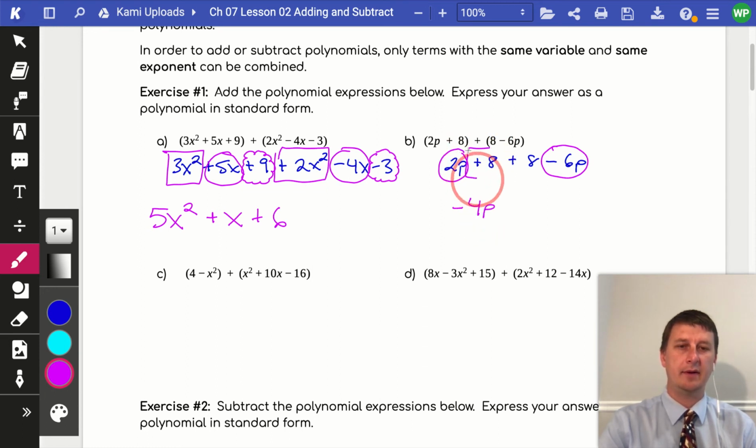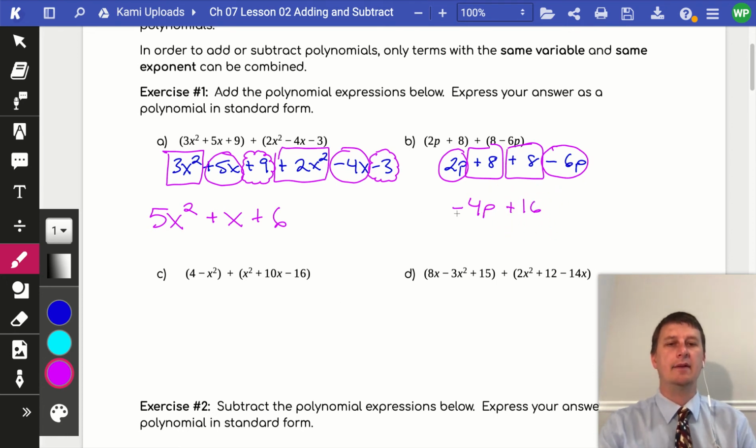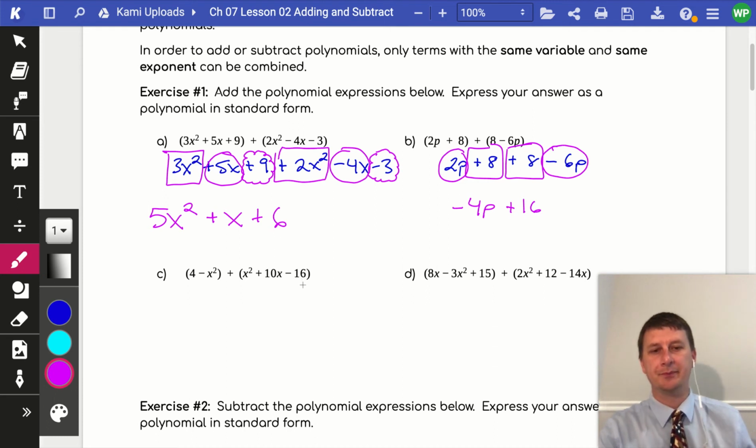And then I have positive 8 and positive 8, and that's going to be positive 16. So again, I have negative 4p plus 16 when I add these two polynomial expressions together. And again, this is in standard form because I have my highest degree exponents first down to my constants. Same thing with part A.